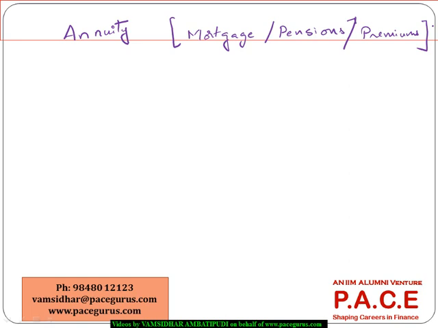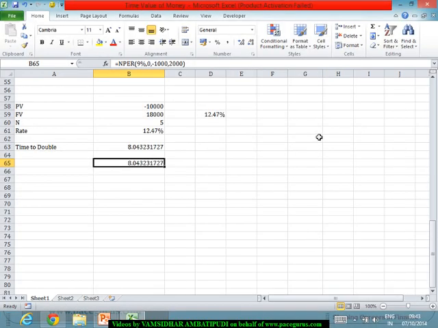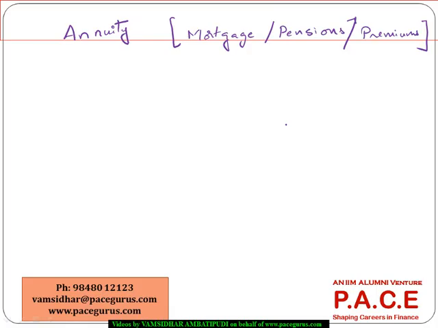So if that's the case, how much should that annuity amount be? I should have a mechanism to solve for the annuity amount in each of the cases. Let me take a quick example. Let's say I have taken a loan of 300,000 for a 20-year period, and the interest rate is 10% per year.